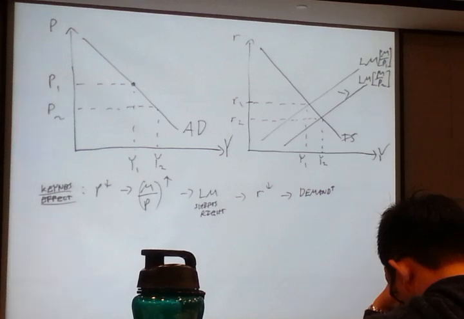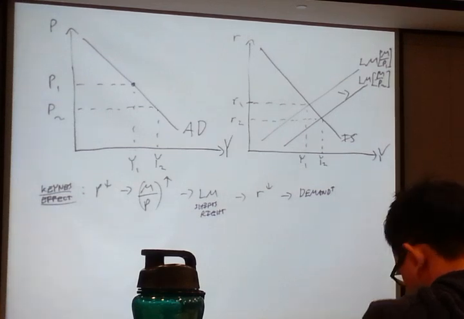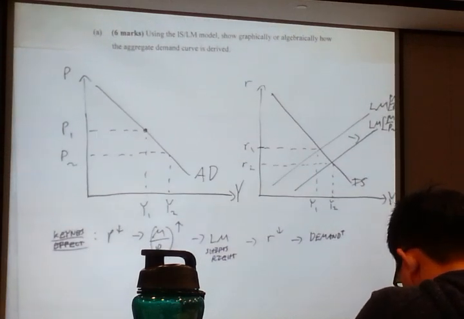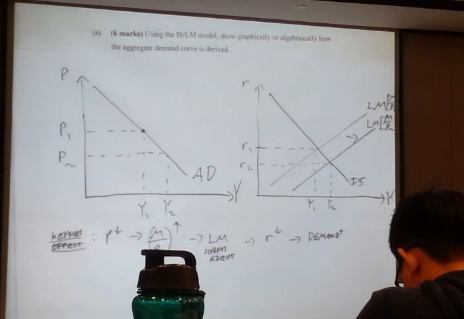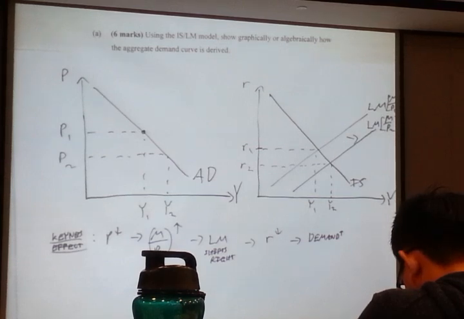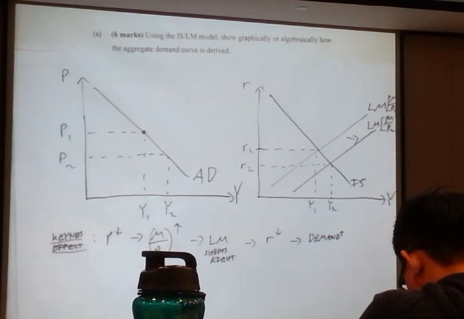Now, just a quick word on exam technique. This question, if you look at the wording of it, gives you considerable latitude in how you answer it. First, you have a choice of drawing a graph or doing algebra. I don't know about you, but I find the graph that I've just drawn so much easier than grinding through the algebra deriving the AD curve.